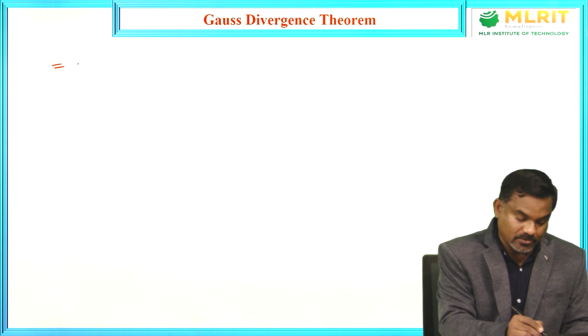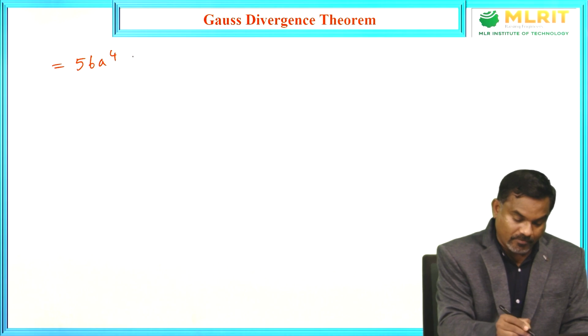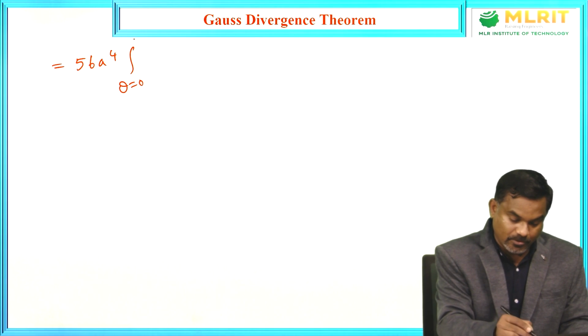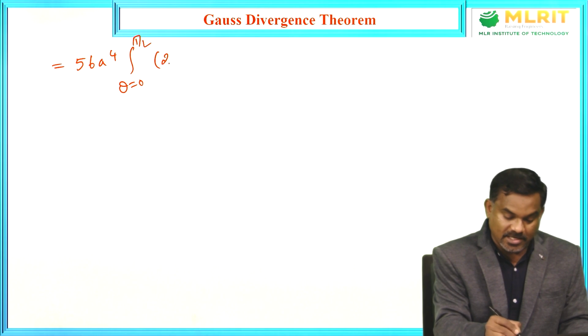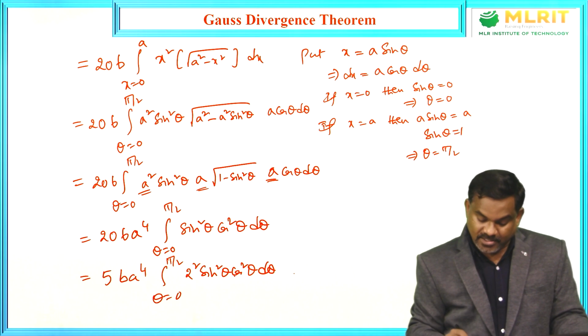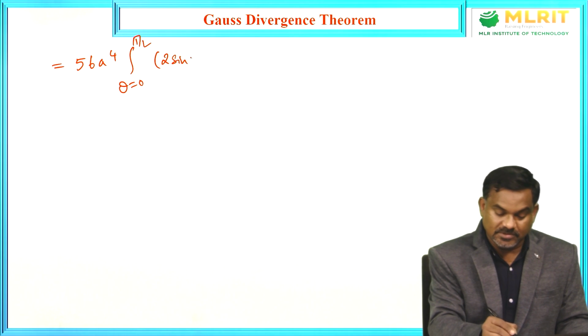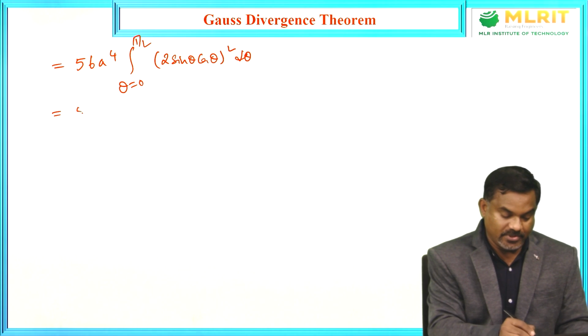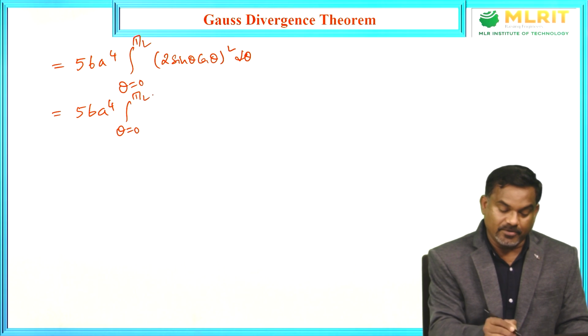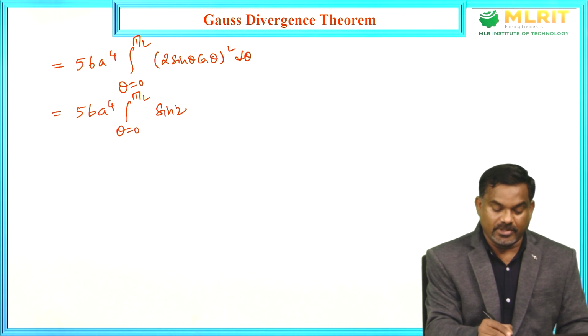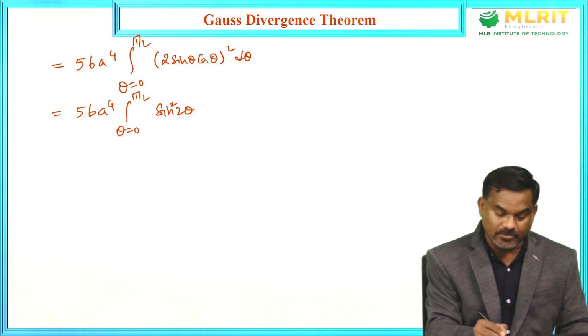So that's equal to 5b a power 4, theta from 0 to pi by 2. I can write this as 2 sin theta cos theta whole square d theta, which is 5b a power 4, theta from 0 to pi by 2 sin 2 theta whole square, so sin square 2 theta.